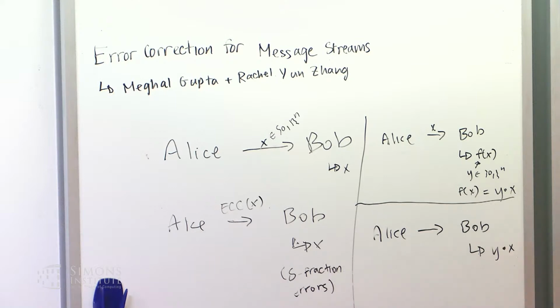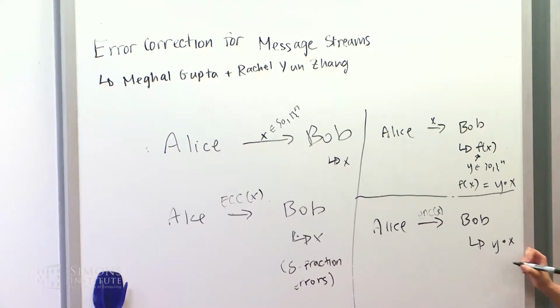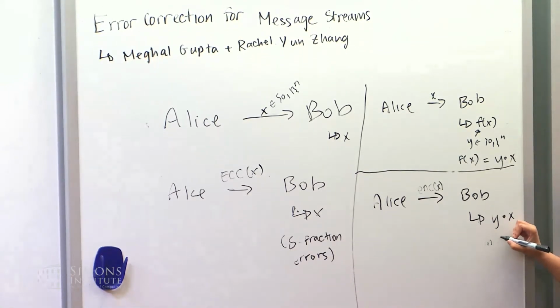Right now we'll just consider linear functions, but at the end of the talk we'll go back a little bit to general functions. So Alice wants to send some encoding to Bob, such that he's still able to output y dot x, and he's still able to compute this value in polylog space.